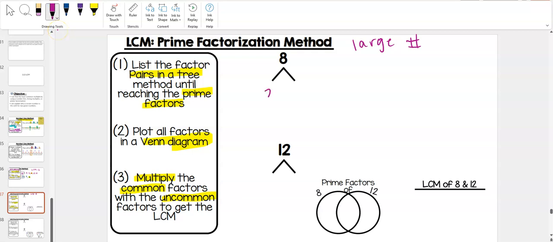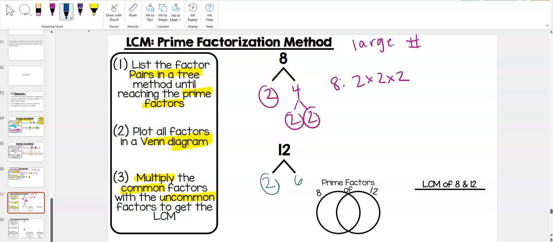So for 8, let's do 2 and 4, 2 and 2. So prime factorization for 8 is 2 times 2 times 2. Then I'm going to do it again for 12. We're going to do 2 times 6, and I'm going to break this apart into 2 and 3. So for 12, I'm going to have 2 times 2 times 3.